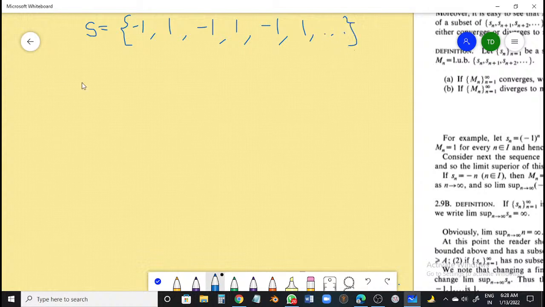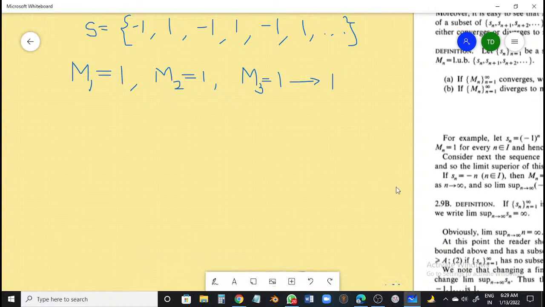So what you observe, if I take M1, it will certainly be 1, the supremum is 1. If I go with M2, still it will be 1. If I go for M3, still it will be 1. So what we observe is that this is a constant sequence, and a constant sequence will converge to the constant value 1. This is what we mean over here.